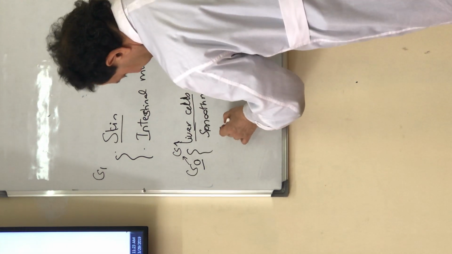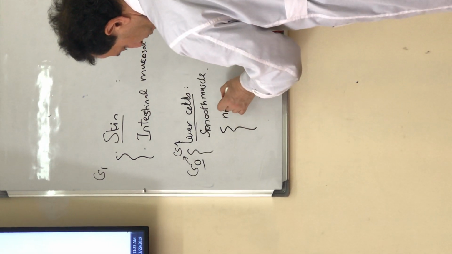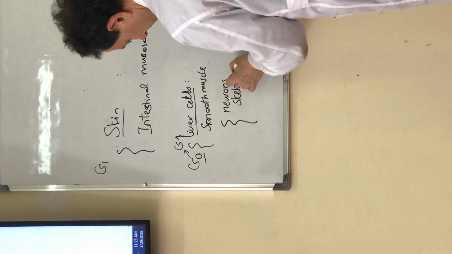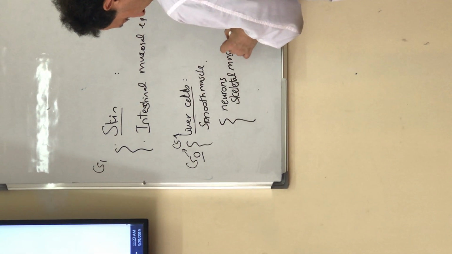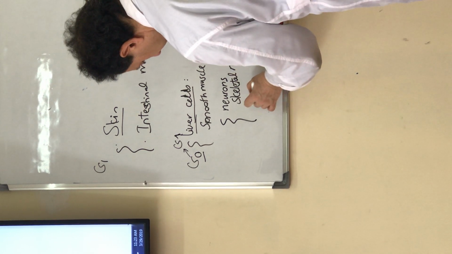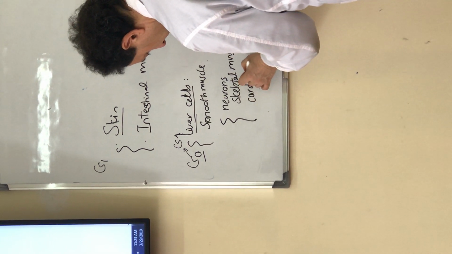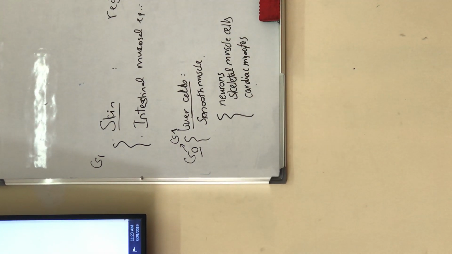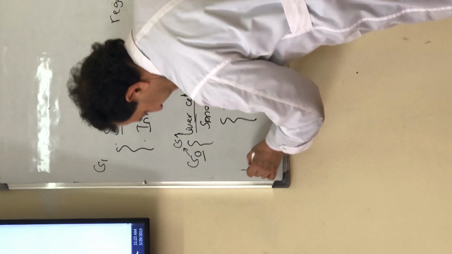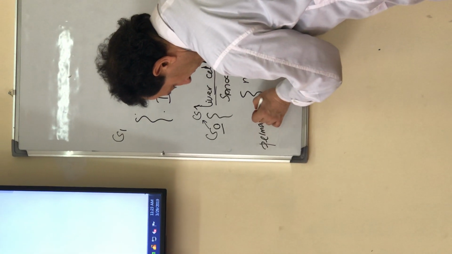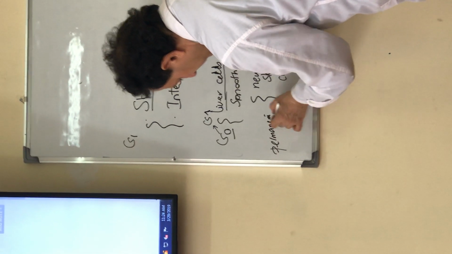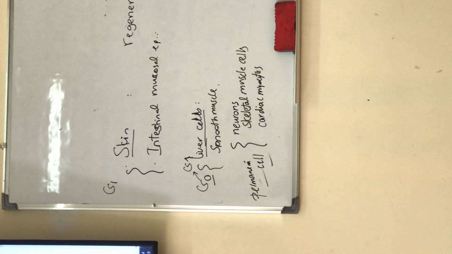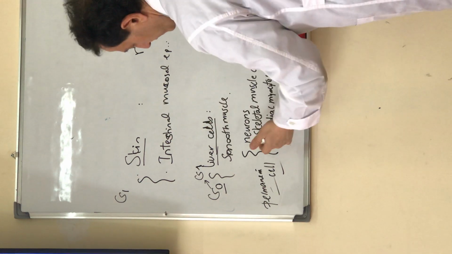proliferating. But some cells, such as neurons, skeletal muscle cells, and cardiac myocytes, are permanent cells. These are permanent cells. They cannot proliferate. So injury depends on the type of cell.